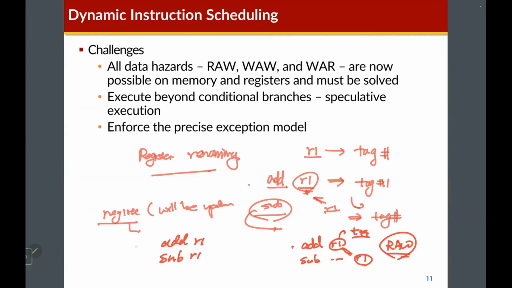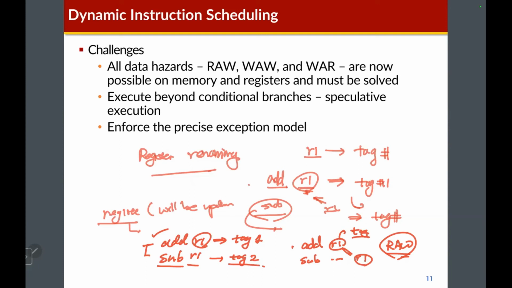We can solve this WAW hazard by renaming to a different tag number, right? The add R1 is the former instruction, and it will be dispatched earlier, which means that R1 has a tag, like tag 1. Then another sub instruction is dispatched and tries to update data in R1. In this case, R1 gets a different tag number.